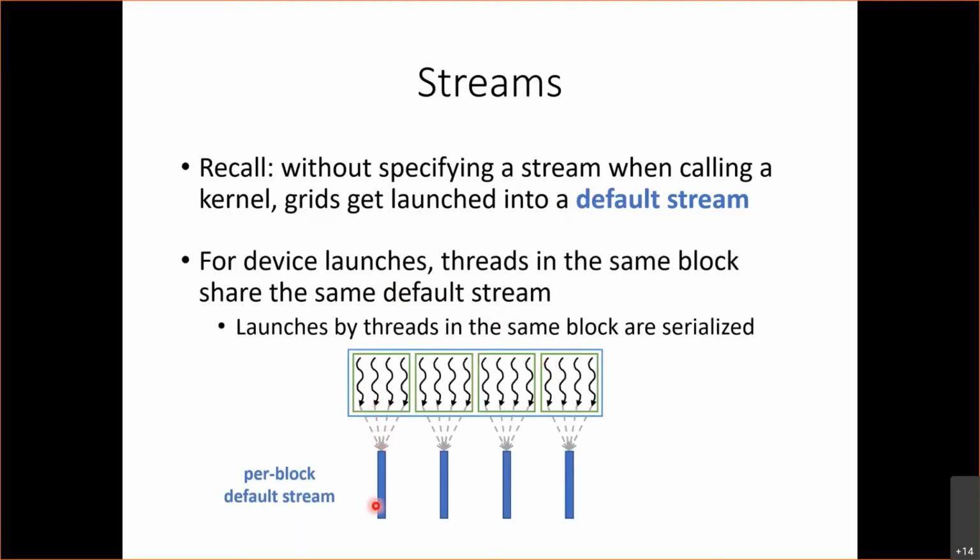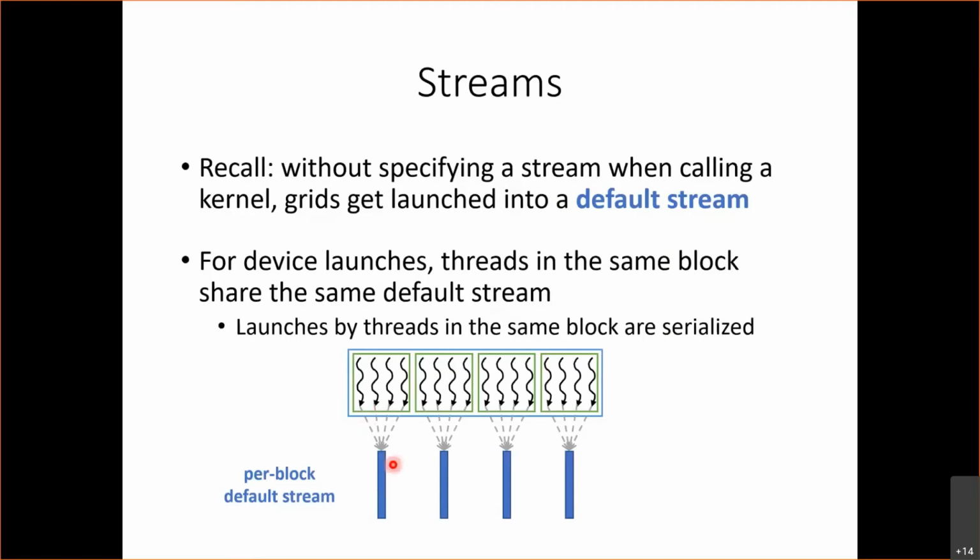These grids will be serialized with respect to each other. Even if there is room on the GPU to launch these grids, they will not get launched because they are serialized in the same stream. And the way streams work is that you need to finish what's in the stream before you can move on to what's next.